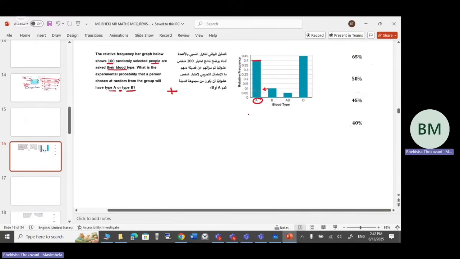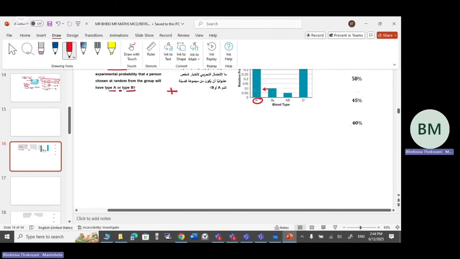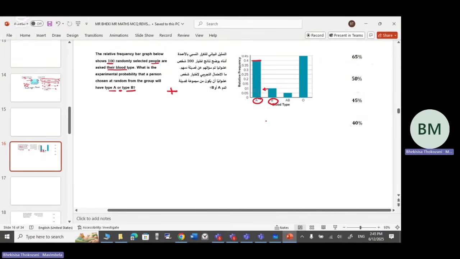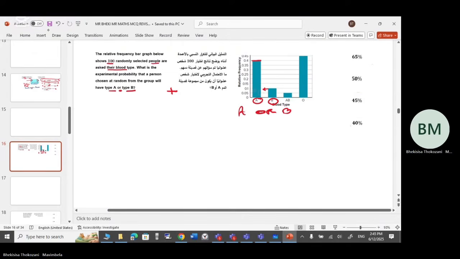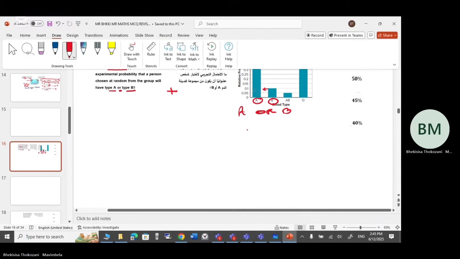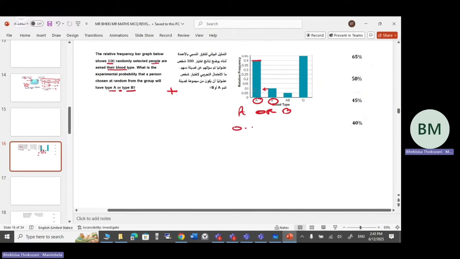So what I'm going to do here, guys, I'm looking for a relative frequency. Just take your A and B, add them together, you'll find your answer. So you have A or B. For A, it's 0.4.